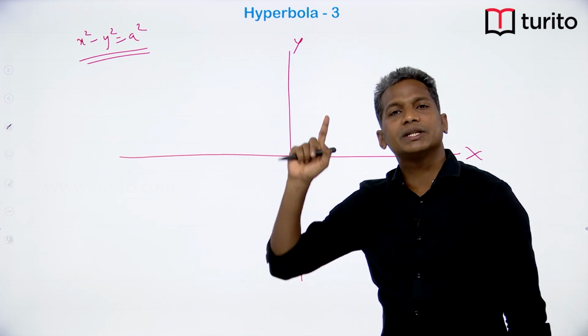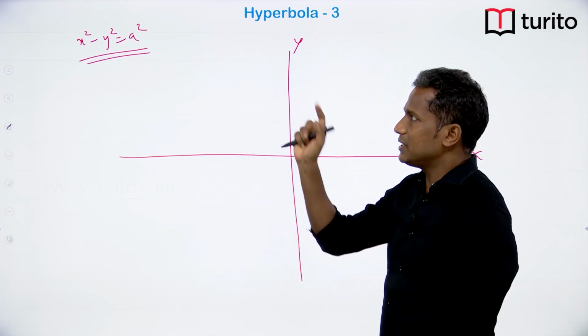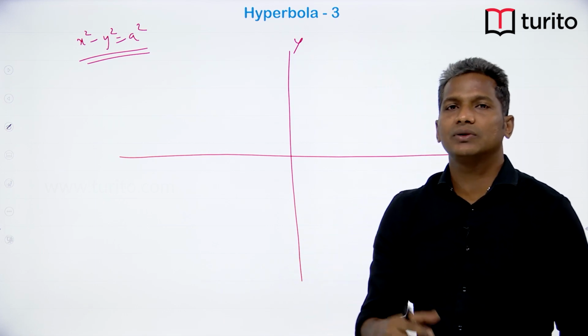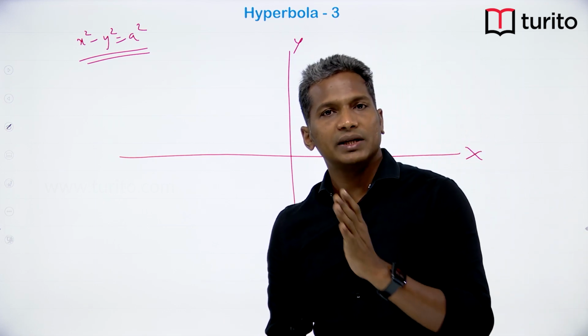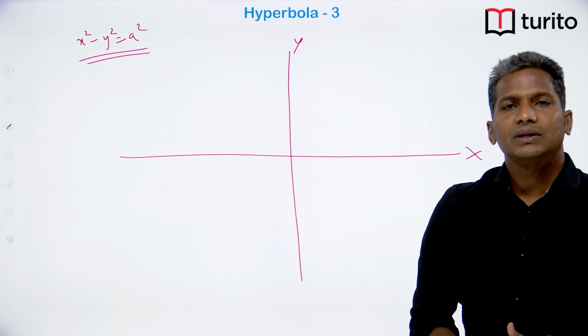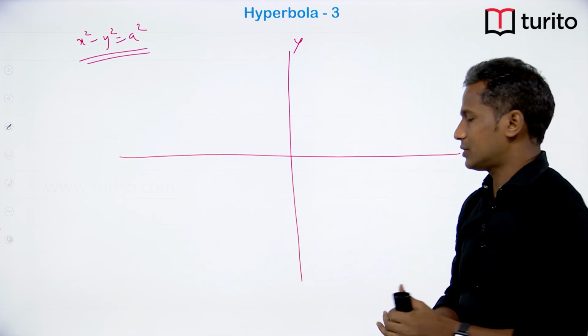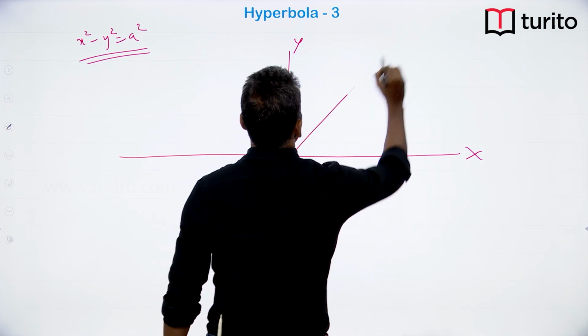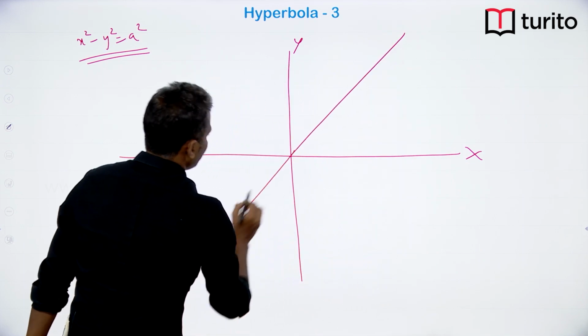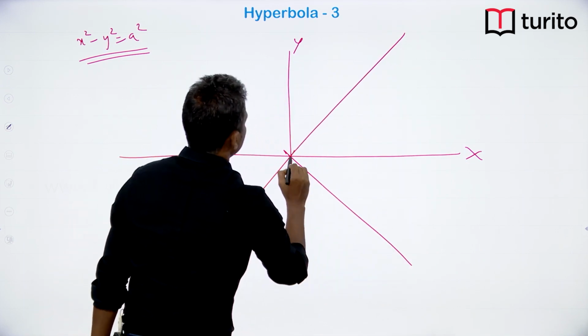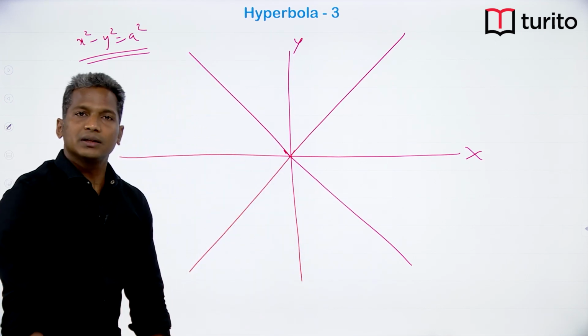By putting the constant term to be 0. So, here the equations of asymptotes will become x square minus y square equal to 0. That means y equal to plus minus x are the equations of asymptotes. So, this y equal to x line and this y equal to minus x line, these lines are the asymptotes.